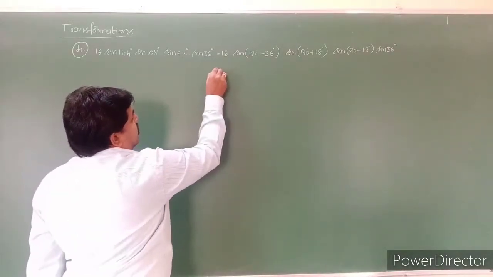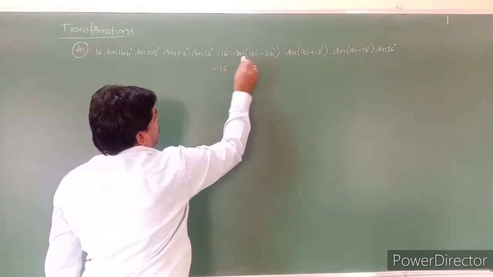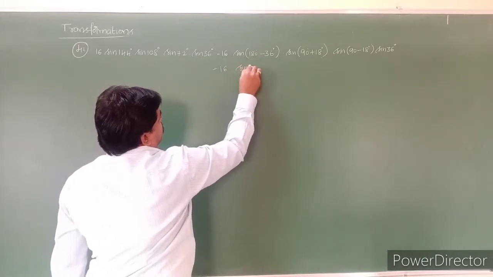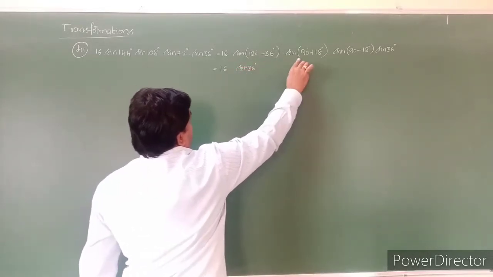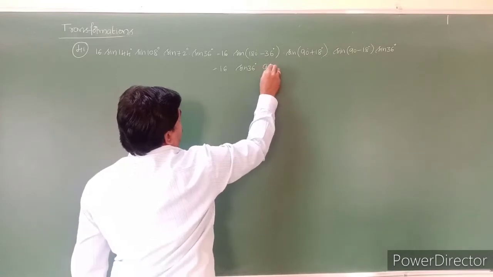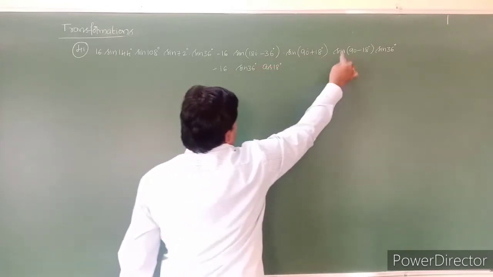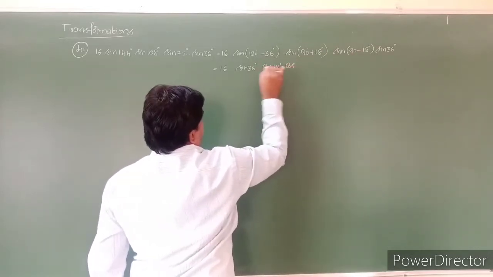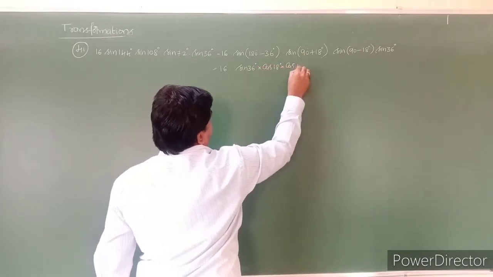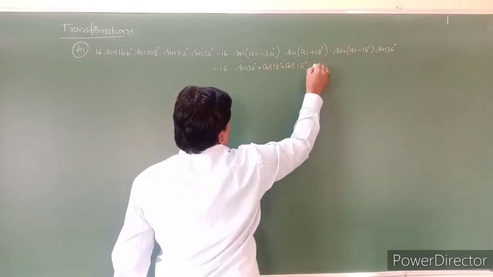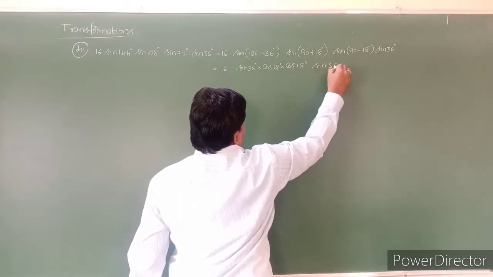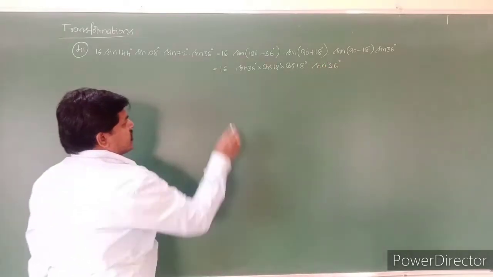So see this one: 16 into sin 180 minus theta is sin theta, sin 90 plus theta is cos theta, sin 90 minus theta is cos theta, and sin 36 degrees.